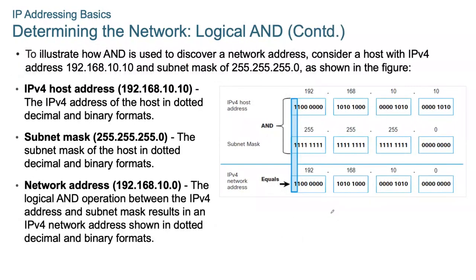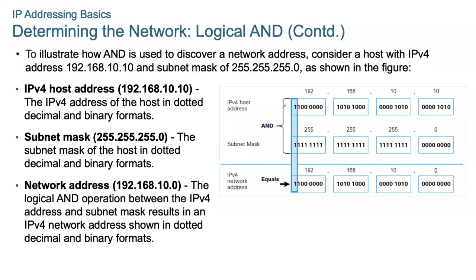So how will it be done? If you have to determine the network address from the IP address of any device in the network, by doing this logical AND, you will have the IPv4 host address. That host address consists of the network address plus your host portion. And if you have the subnet mask, then you do the ANDing operation bit by bit.